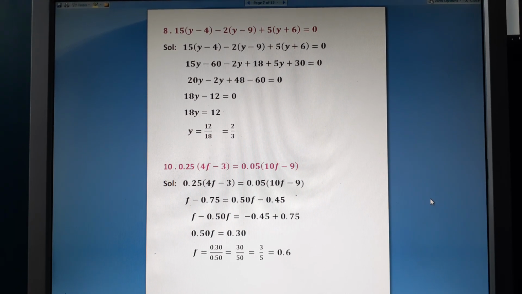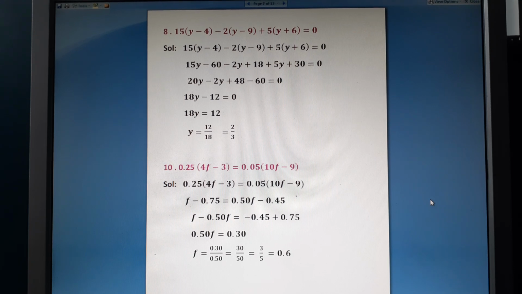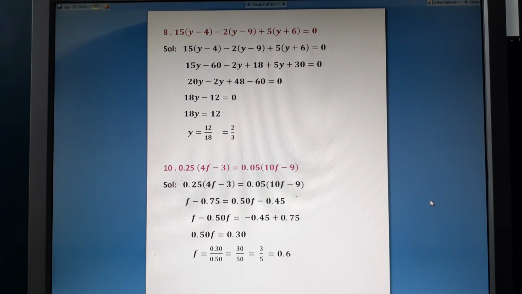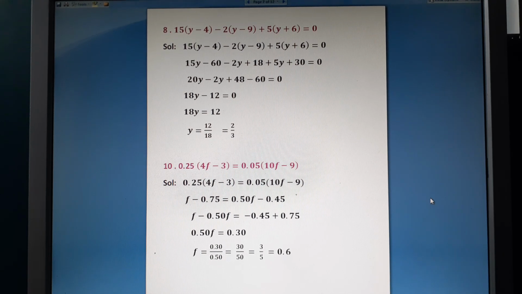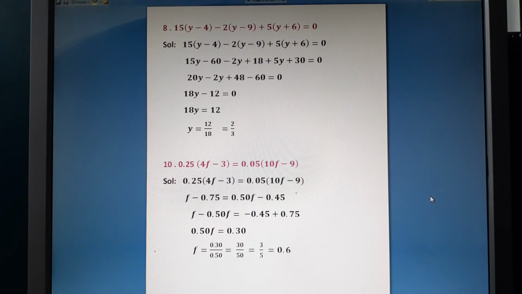So we get 18y − 12 = 0. 18y = 12. y = 12/18. Both are divisible by 6. That is equal to 2/3. So y = 2/3.